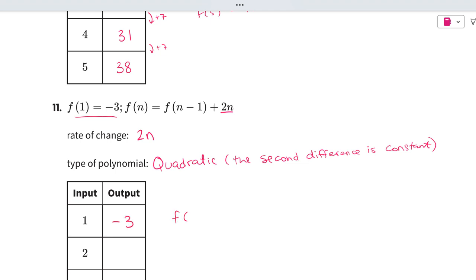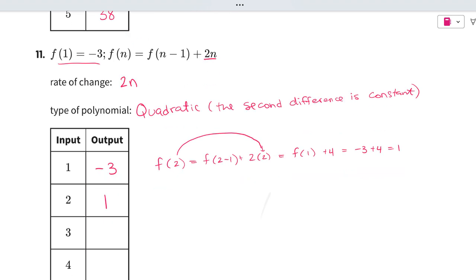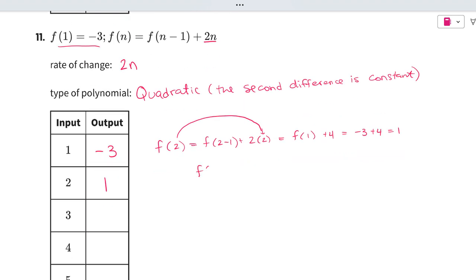So we'll follow the directions on this one now. So if I want to find f of 2, I do f of 2 minus 1 plus 2 times 2. I'm plugging in that n value, which we said is 2. So 2 minus 1 is f of 1 plus 4. Well, f of 1 is negative 3, so negative 3 plus 4 is 1. So we get 1.